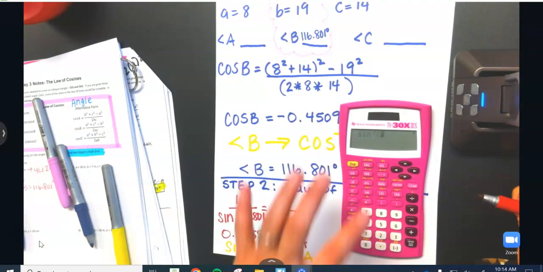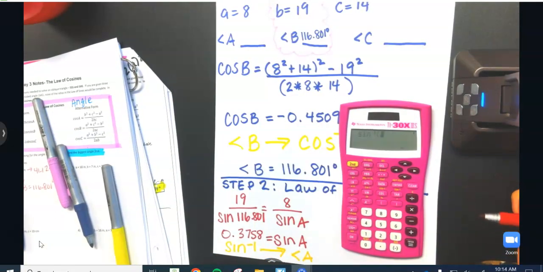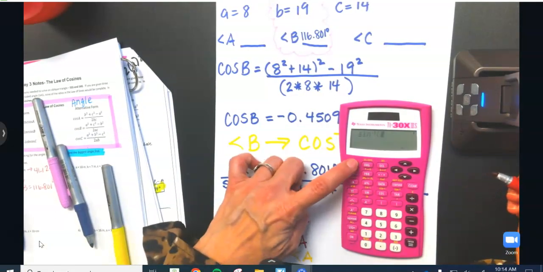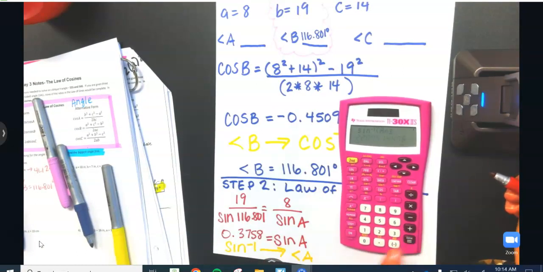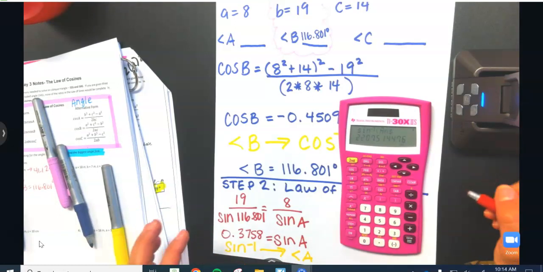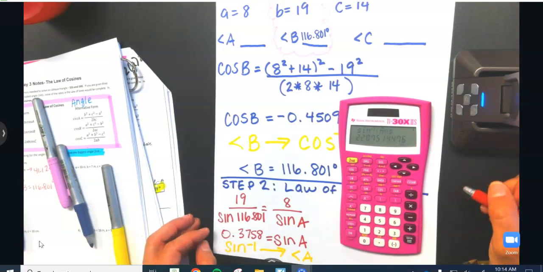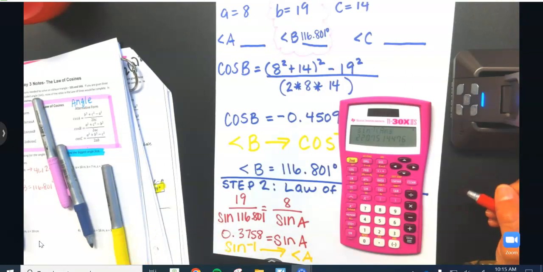Type in sine to the negative first power. Tell the pink calculator to put that fraction back in there, so hit second answer. Now we round. So angle A is 22.075.